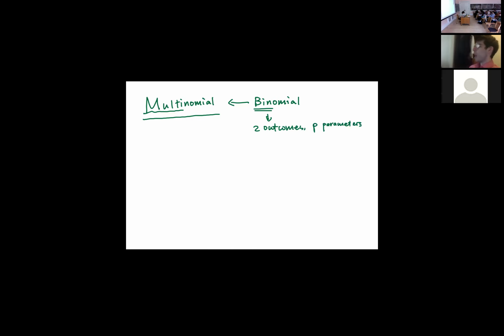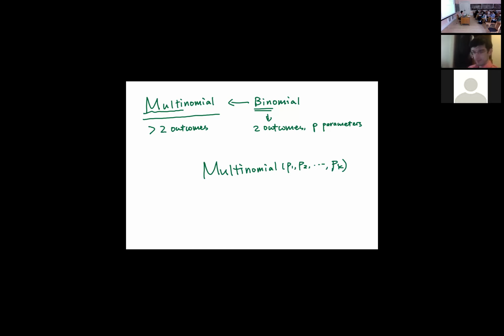Okay? So multinomial is you have more than two outcomes, so it's larger than two. And the parameters associated with that, usually you see in the notation that I provided, it is P1, P2, until Pk, where k is the number of outcomes. So you notice that the random variable now is becoming a vector.